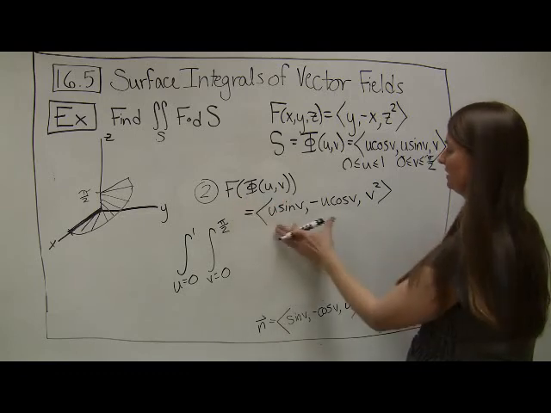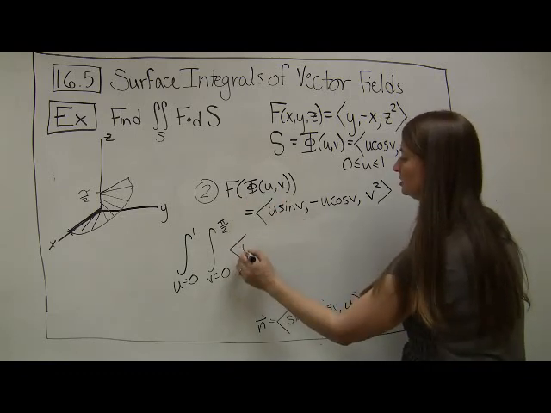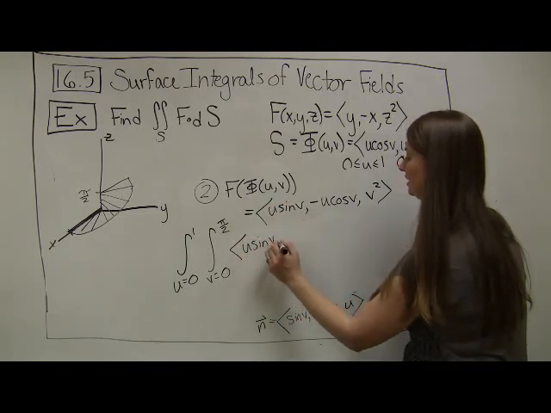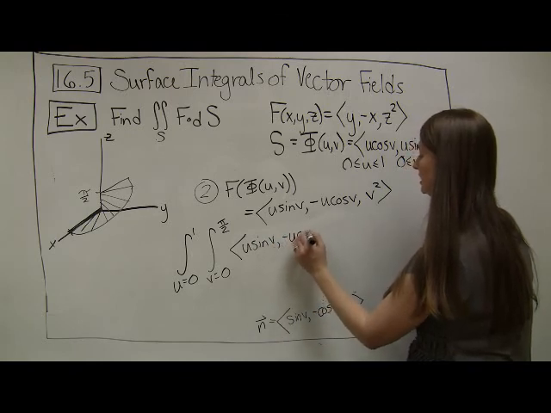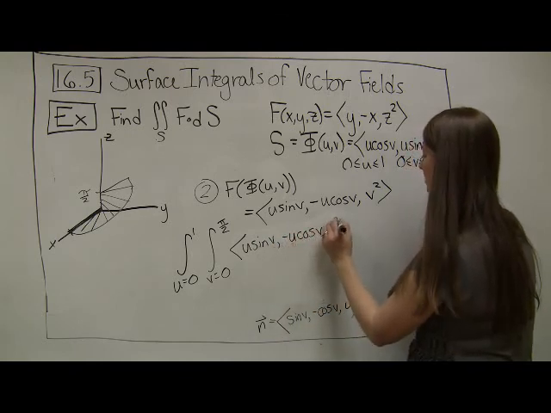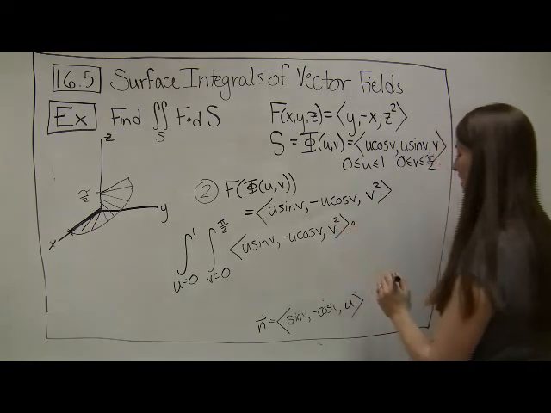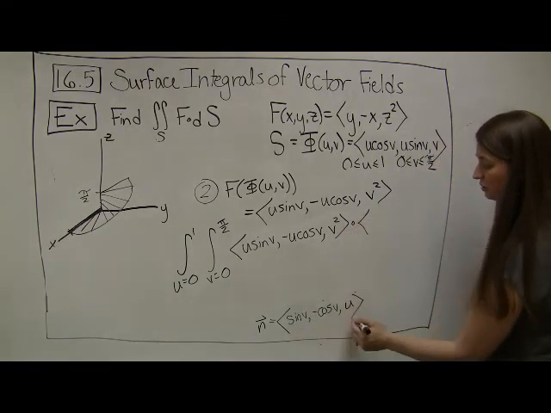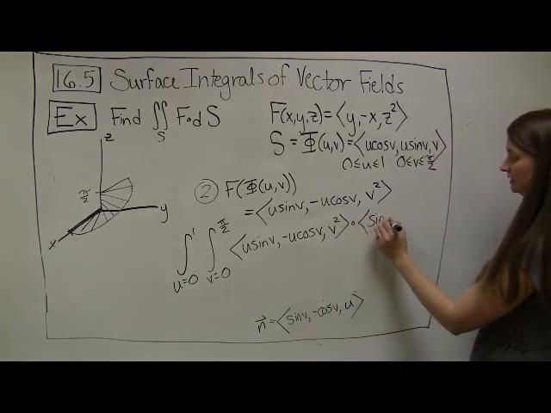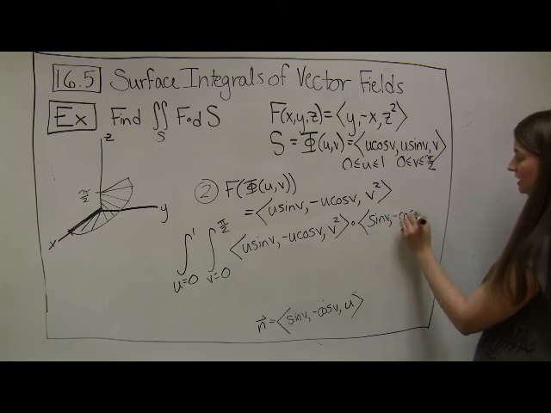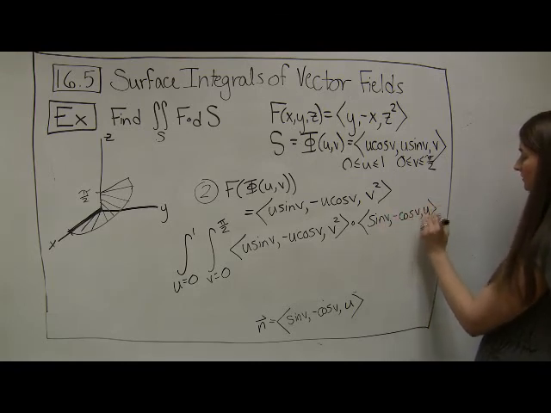F of phi of uv is given by this vector, which is u sine of v, comma negative u cosine of v, comma v squared. And I'm going to dot that with the normal vector, which we found down here: sine of v, negative cosine of v, u, dv du.